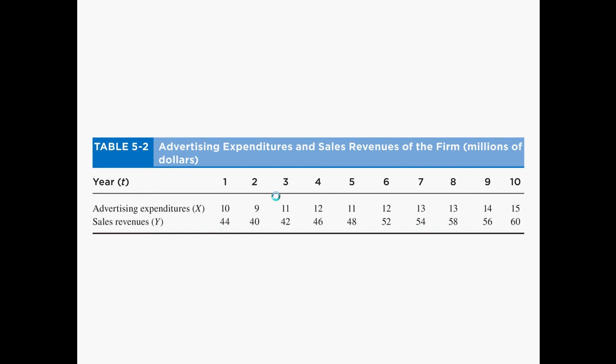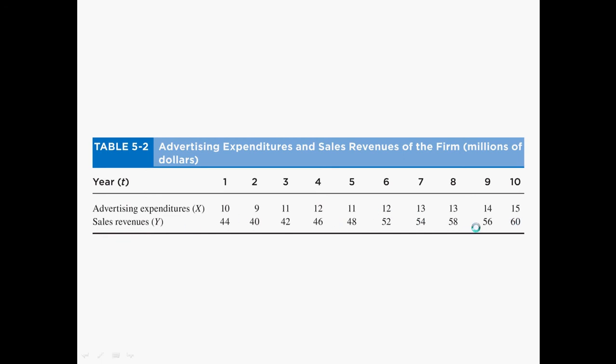This, I think, is not an empirical result. It's just an example, but it shows the link between advertising expenditures and sales revenues. It shows a data series, and obviously it's not real data because the years are numbered from 1 to 10, or at least that suggests it's probably not real data.